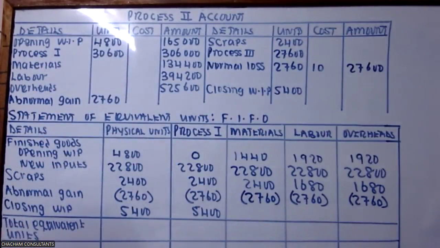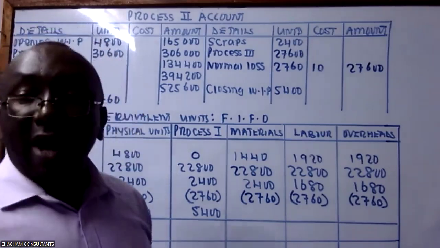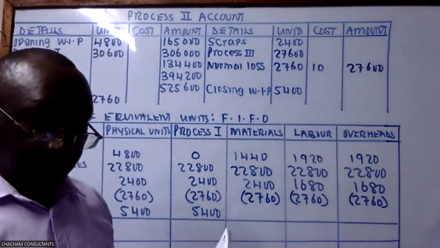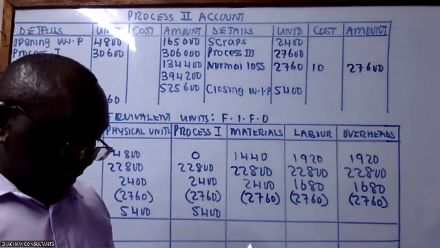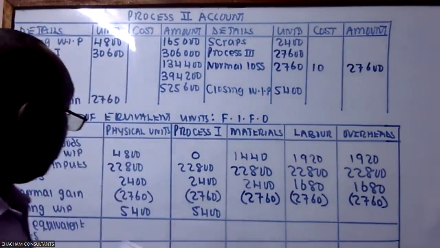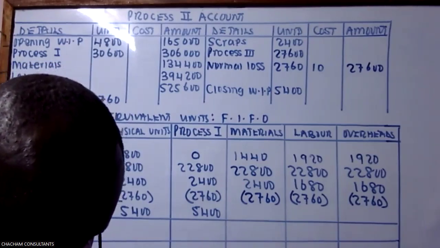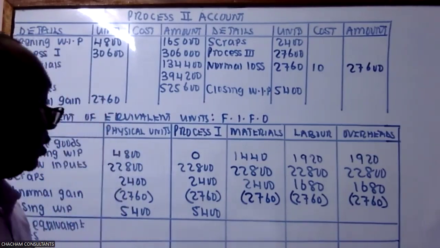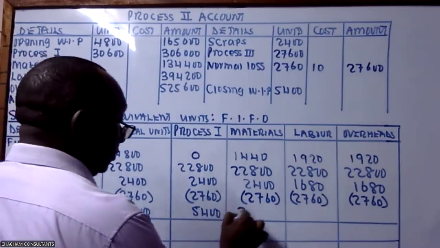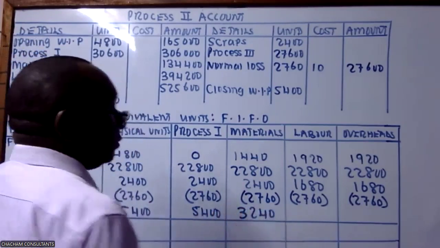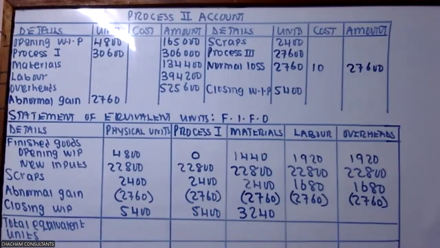Then for the closing work in progress, we work now with the percentages given. Material, it is 60. So 60% of 5,400. That is 3,240.